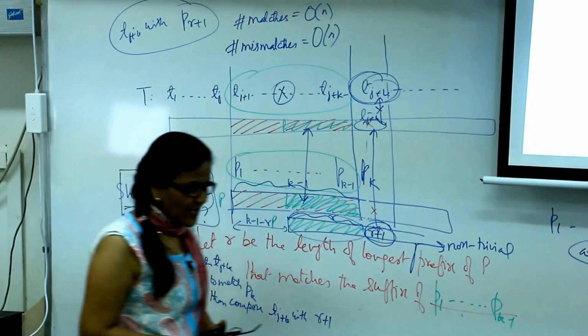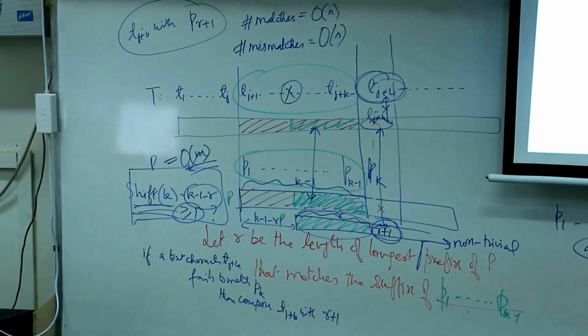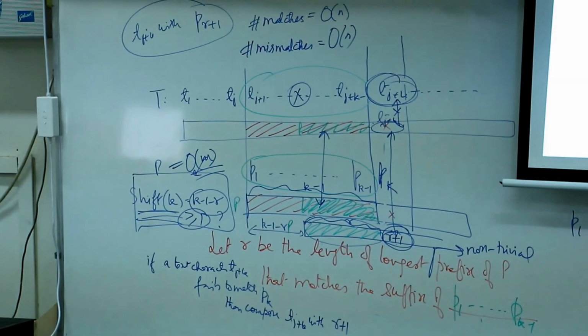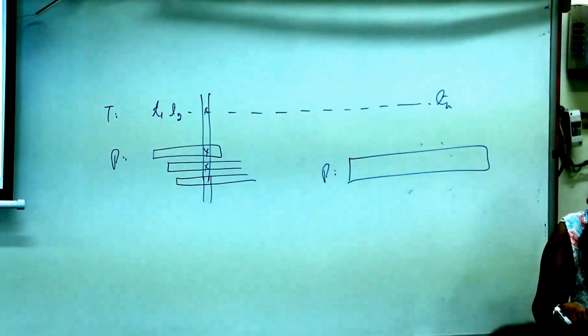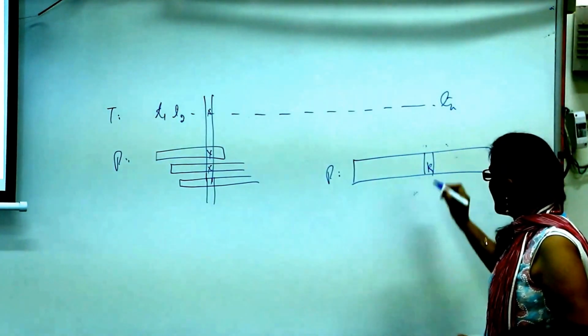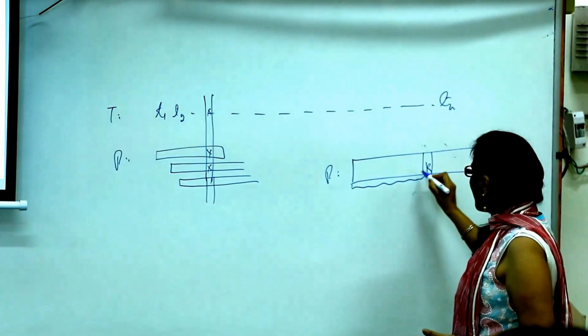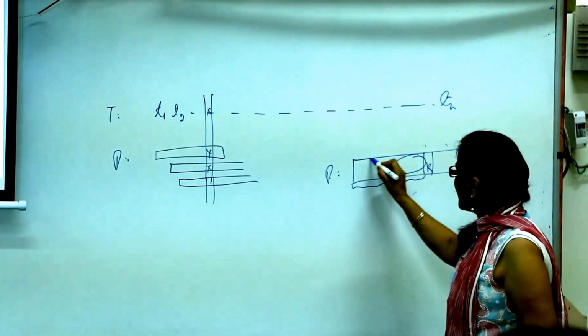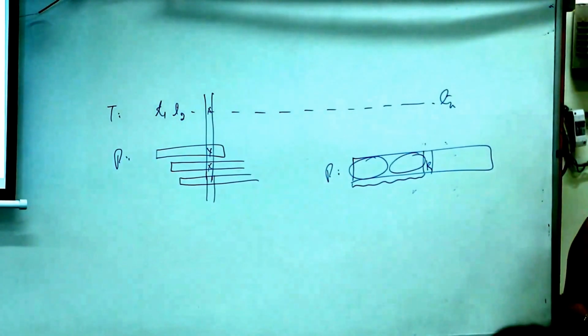So what is happening when you are computing the shifts? You have a pattern. Now you don't have a text. For every k, you want to compute the largest suffix of this part which matches with the prefix of this part. यही हो रहा है ना?